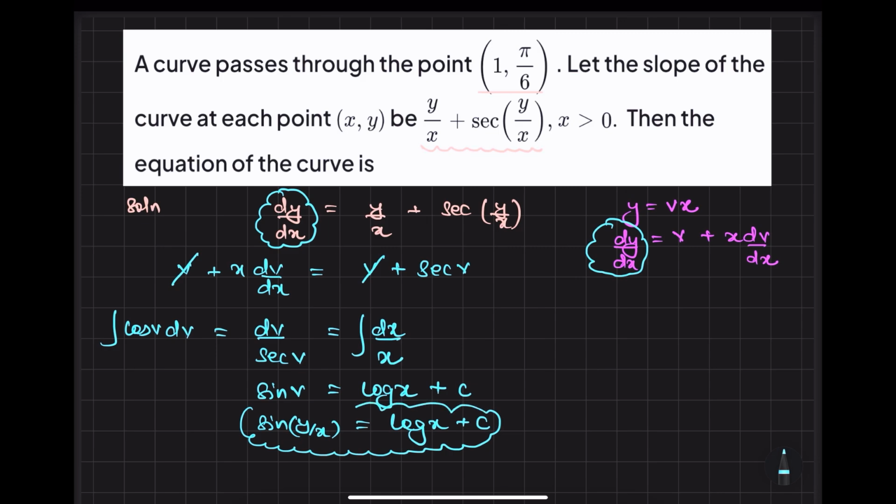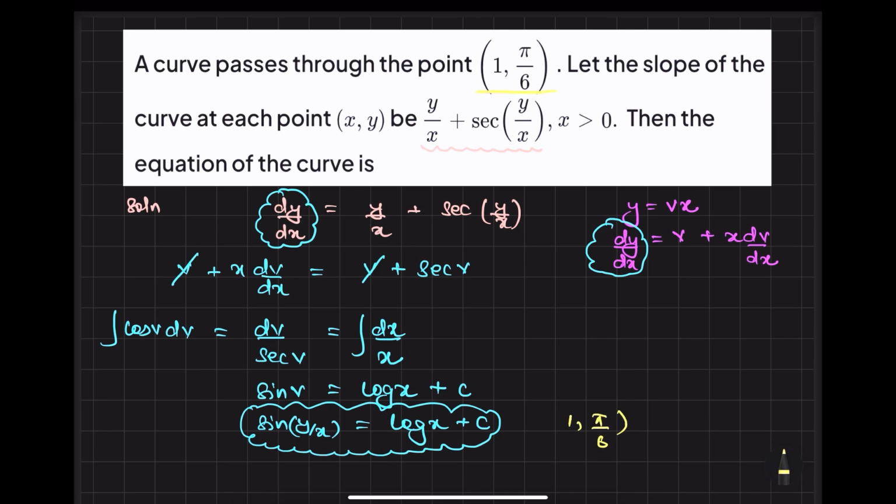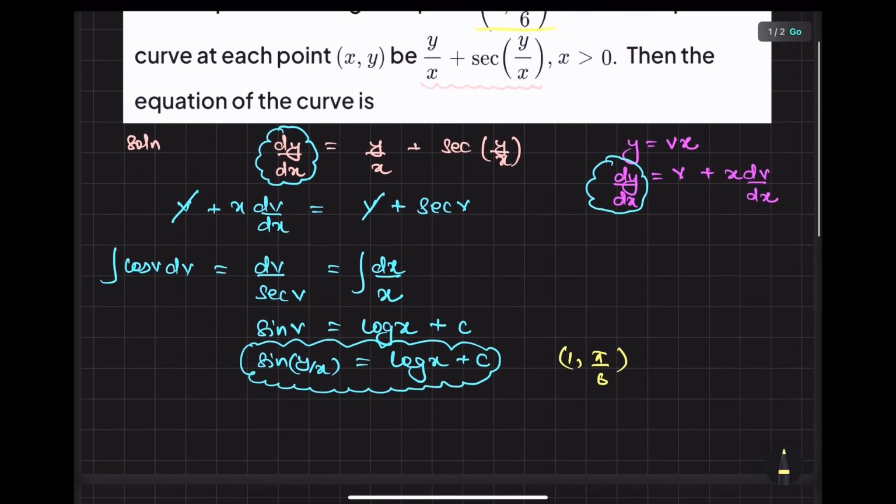Now we have to find the value of the integration constant c using this point. As the curve passes through (1, pi by 6), we have to replace x with 1 and y with pi by 6. So sin(pi by 6 by 1), so pi by 6, sin 30 is 1 by 2, is equal to log 1.